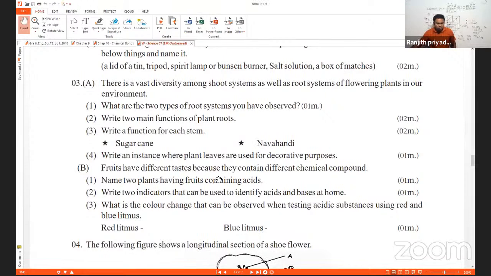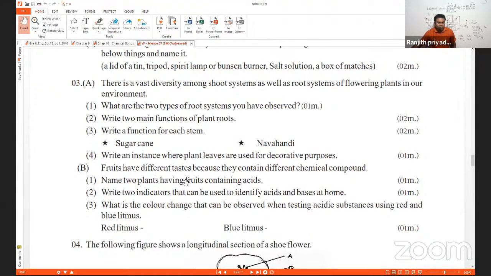There is vast diversity among the shoot system as well as the root system of flowering plants in our environment. What are the two types of root systems? Yes, you have observed. So those are the main two types of root system: the fibrous root system and the taproot system.